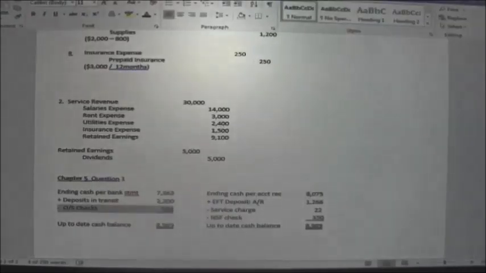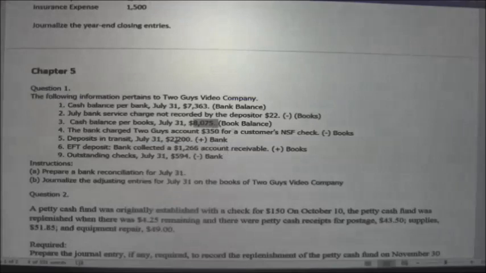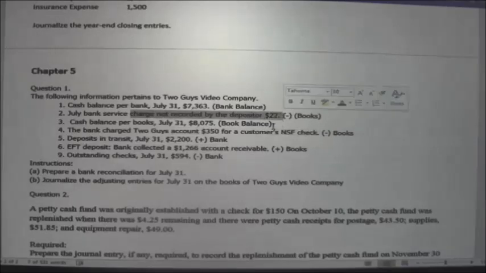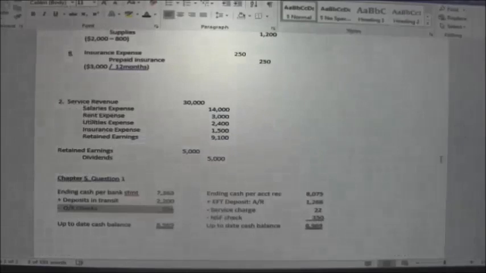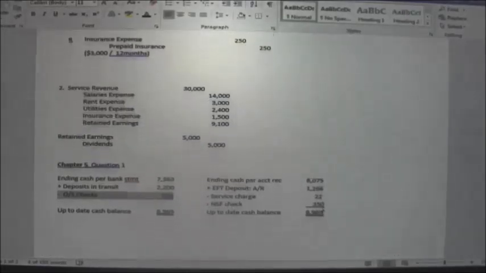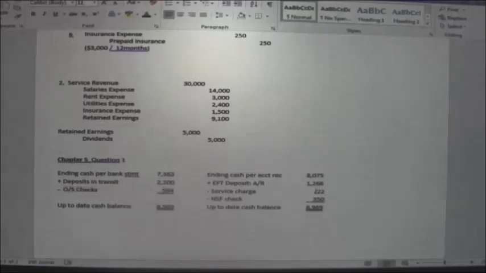All right? Then we have to add in this $1,260 account receivable. We subtract the 350 NSF, and we subtract these service charges. Okay? Add the EFT, subtract the other two. These should look like this. Just to make it a little bit easier for you to know.